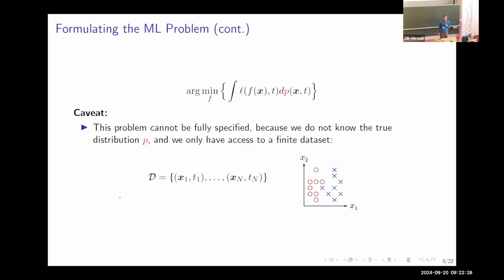But you don't have access to this continuous distribution. You just have access to a finite sample, and this is your data set. It is a collection of pairs of inputs and targets, indexed from 1 until n.